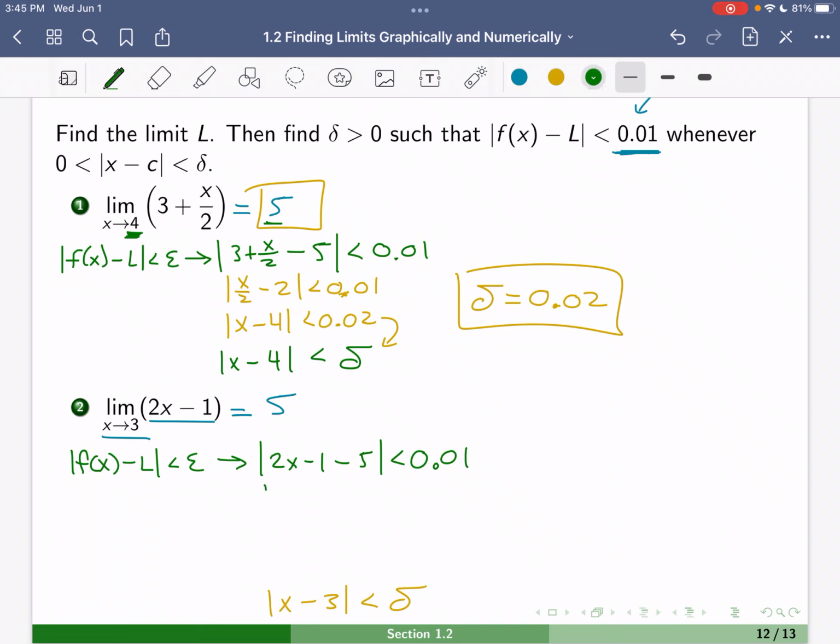And so, let's just do some algebra. We have 2x minus 6 is less than 0.01. How are we going to turn this stuff inside this absolute value on the left into an x minus 3? Well, we could factor out a 2 from that, and then divide both sides by that 2.